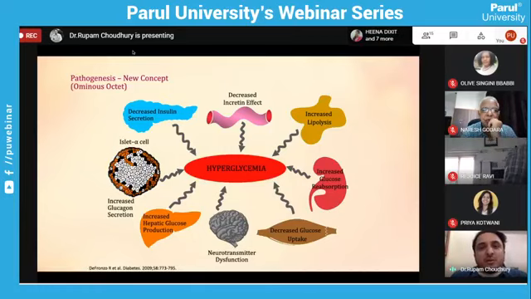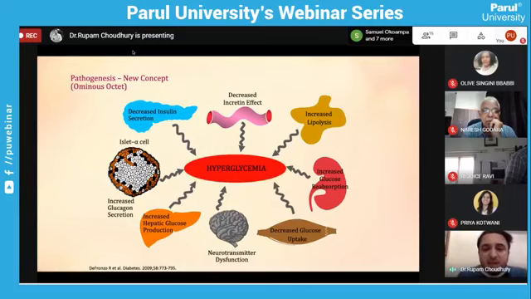To counter that, we have newer therapies like SGLT2 inhibitors, which inhibit these receptors, and then the patient is made to pee out a lot of sugars, which excretes the extra sugar from the body, and the patient attains normoglycemia.